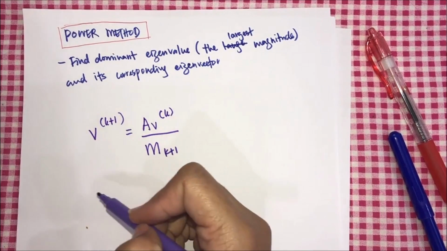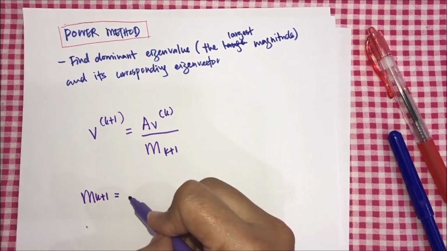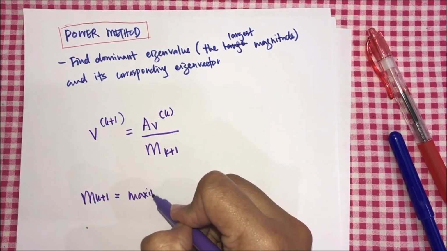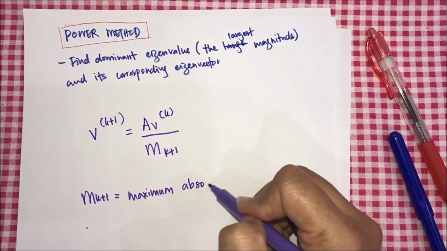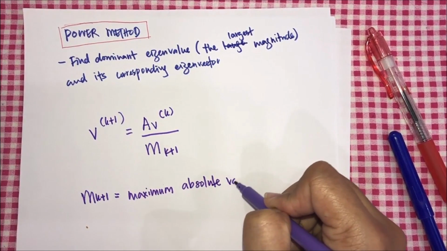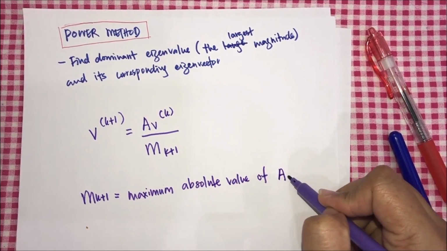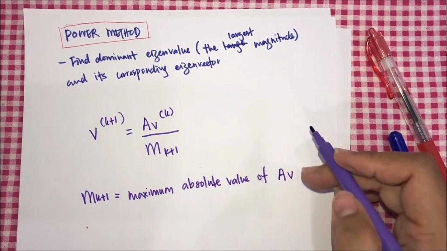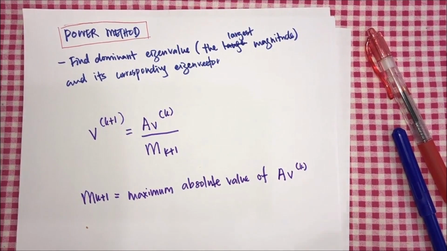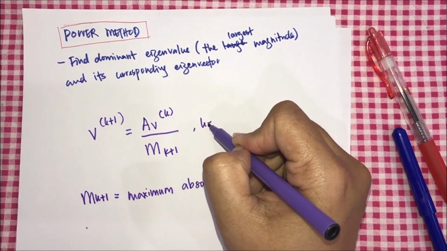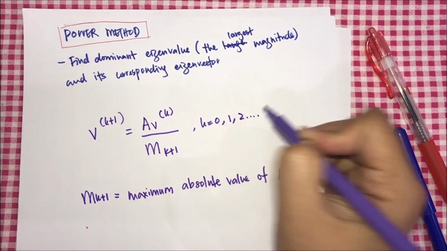Here m k plus 1 is the maximum absolute value of matrix A times the eigenvector at level k, for k starting from 0, 1, 2, and so on.